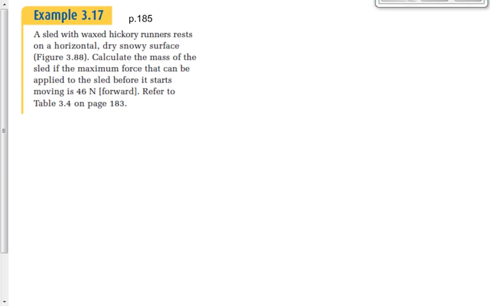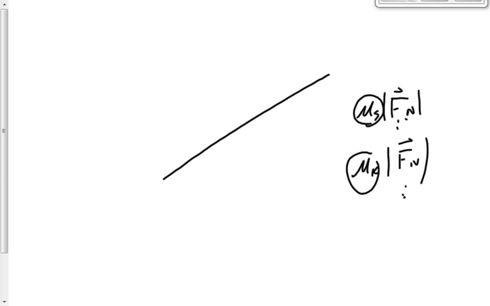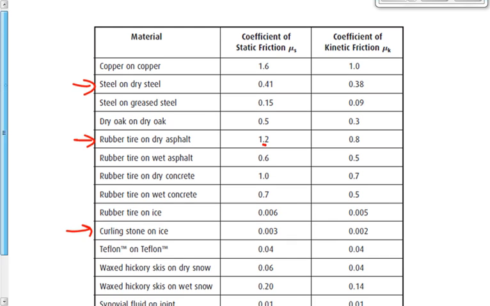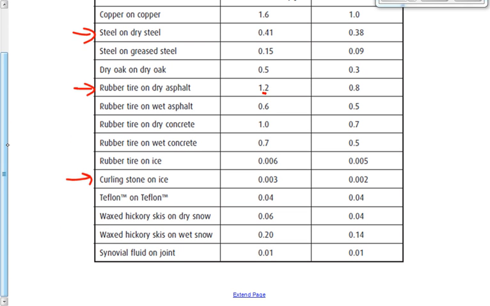So the maximum force of static friction, we're going to call it F_SF max, is equal to 46 newtons. Now, since we're dealing with static friction, we want the coefficient of static friction between waxed hickory runners and dry, snowy surface. Waxed hickory runners on dry snow, static friction is 0.06.